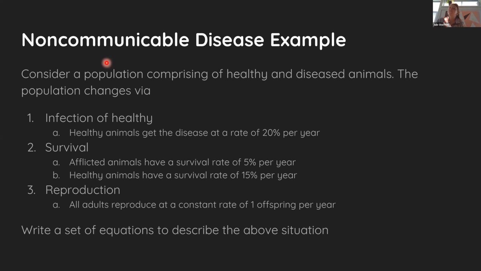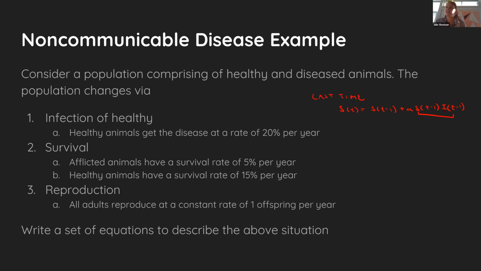So what we're talking about right now is going to be a non-communicable disease. This is different from what we talked about last time because we're assuming that the disease is not contagious. So for instance, last time, I'm going to start writing and hopefully we can see. Great. We had S of t equals S of t minus 1 plus A S(t minus 1) I(t minus 1). And now this right here is an interaction term.